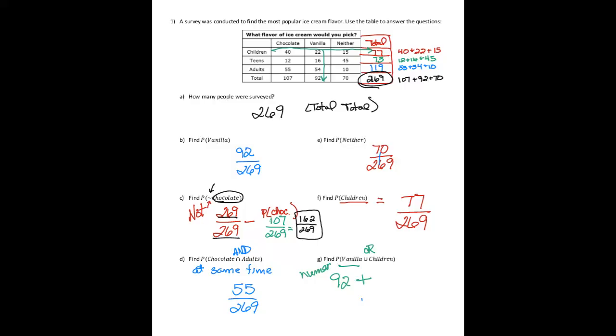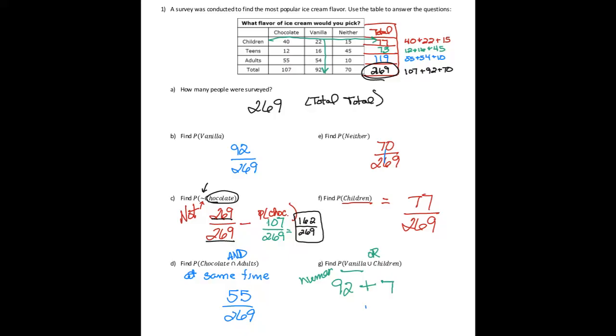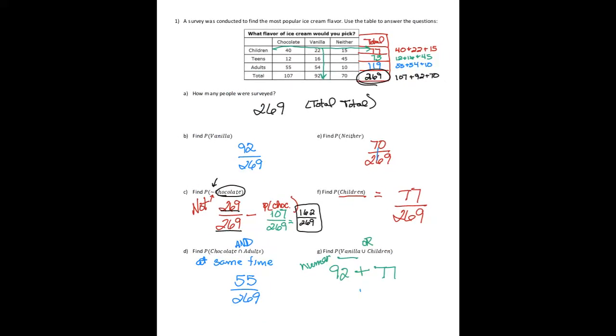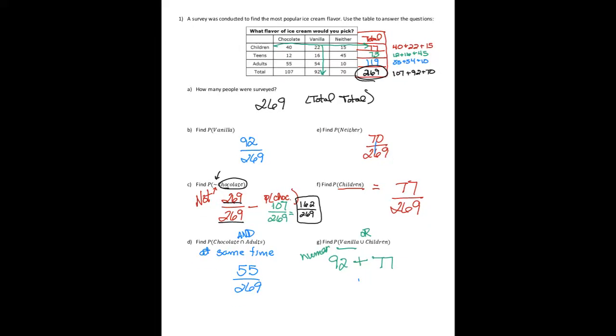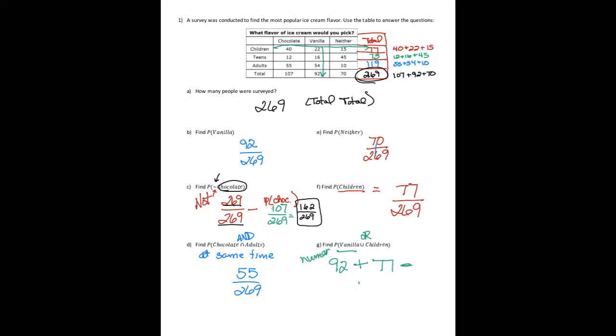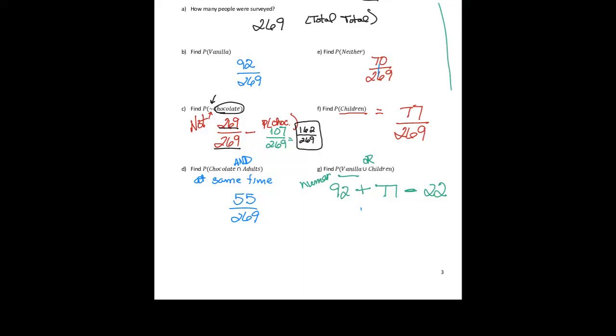Plus all the children. How many children? 77. But some of those children that liked vanilla were counted twice. So I need to subtract 22. I need to subtract this amount because 22 of those people were counted twice. So 92 plus 77 is 169 minus 22 is going to be 147, check my math, out of 269.